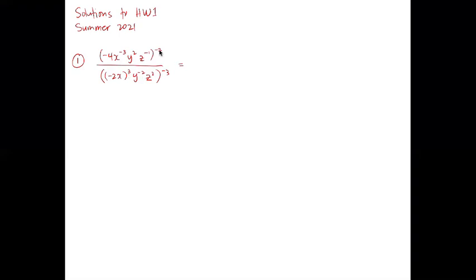So we will have negative 4 raised to negative 2, then x raised to negative 3 raised to negative 2, y squared raised to negative 2, z raised to negative 1 raised to negative 2. That's for the numerator.